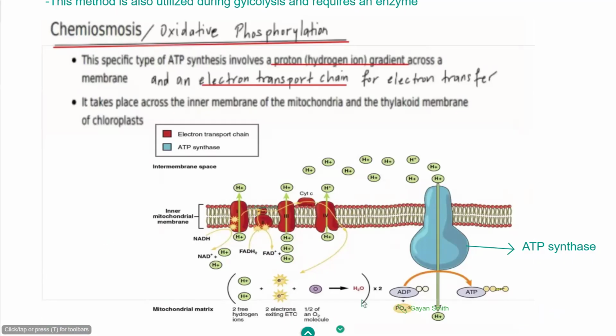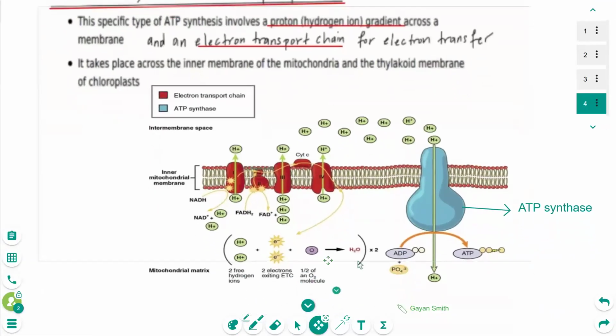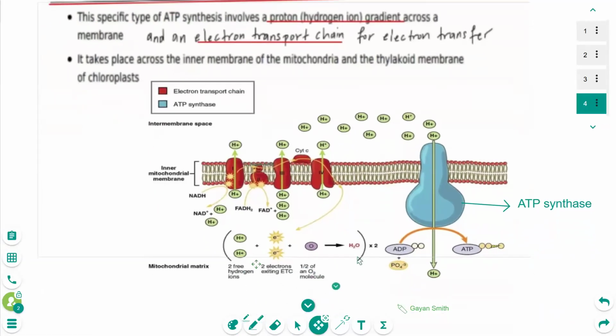So remember, we're not drawing the diagram, right? We're just writing the description. So I'm just going to finish up the notes now.